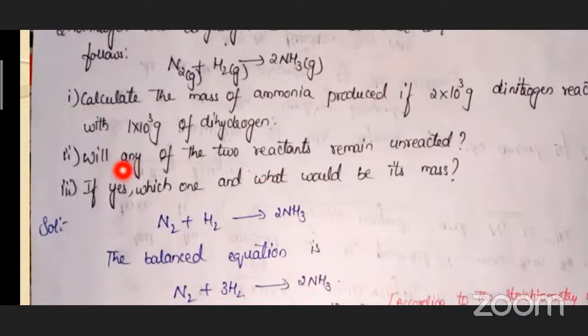Whenever a reactant is remaining in the reaction, that reactant is called the excess reagent, and the reactant which is completely used up during the reaction is called the limiting reagent. So here the question asks: will any of the two reactants remain unreacted? If yes, which one and what would be its mass?